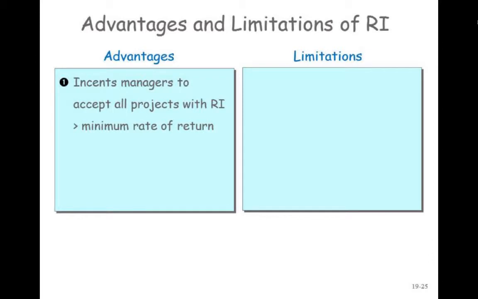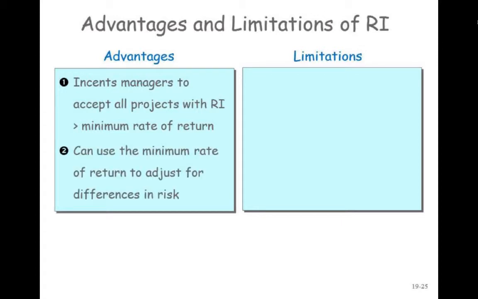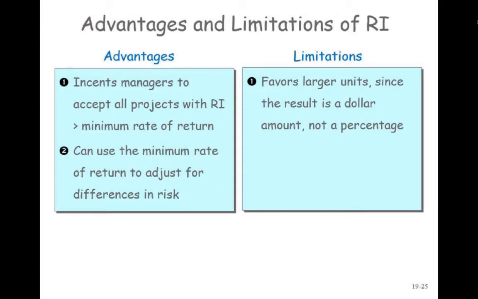So what are the advantages of residual income? It incents you to accept all projects that give you a return above your required rate of return. The other advantage is it's relatively easy to have different required rates of return on different units based upon their risk profiles. So therefore, you can differentiate by unit. The disadvantage, and this is a big one, is that if you have a scarce amount of money, it would favor larger units because the ROI, being a whole number, not a percent, will favor the bigger number.